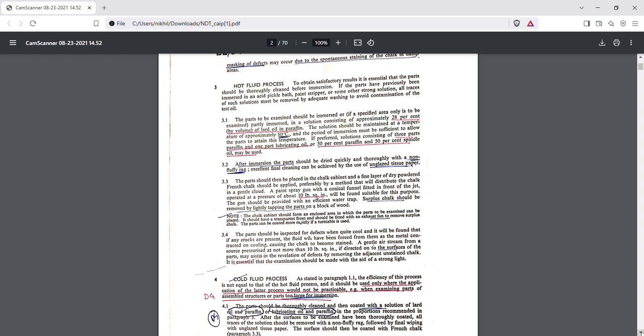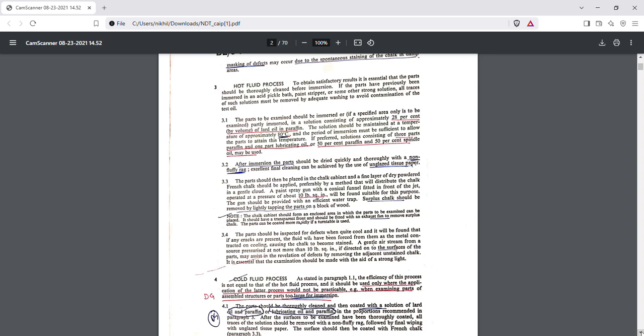If preferred, solutions consisting of 3 parts paraffin and 1 part lubricating oil, or 50% paraffin and 50% spindle oil may be used. Further, after immersion, the parts should be dried quickly and thoroughly with a non-fluffy rag.